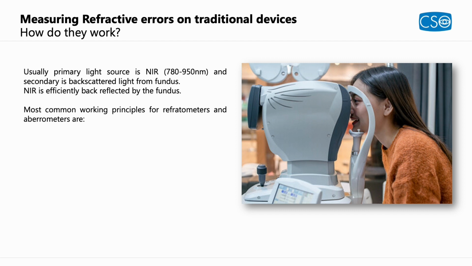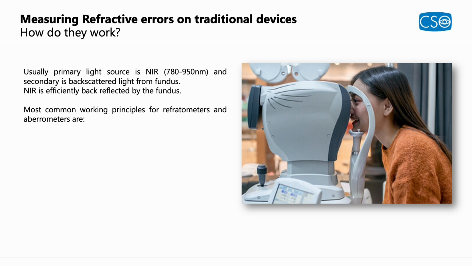Let's have first a summary about measuring refractive errors on traditional devices. How do they work? We need to consider that usually the primary light source is near infrared and the secondary is backscattered light from the fundus.